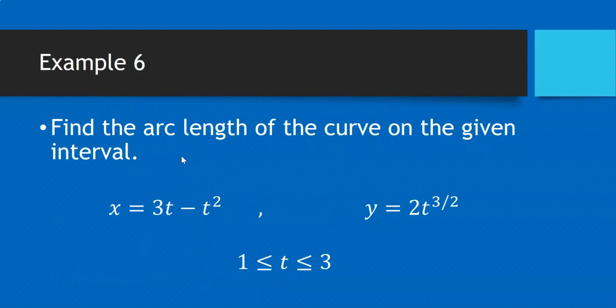So I want you to find the arc length of a curve on this given interval. The curve is given by the parametric equations x equals 3t minus t squared and y equals 2t to the 3/2 power. We're going to find the arc length on the interval t between 1 and 3. Go ahead and find that.